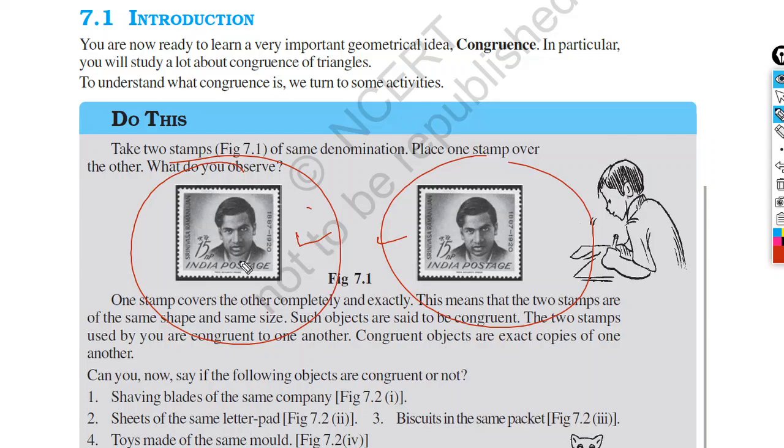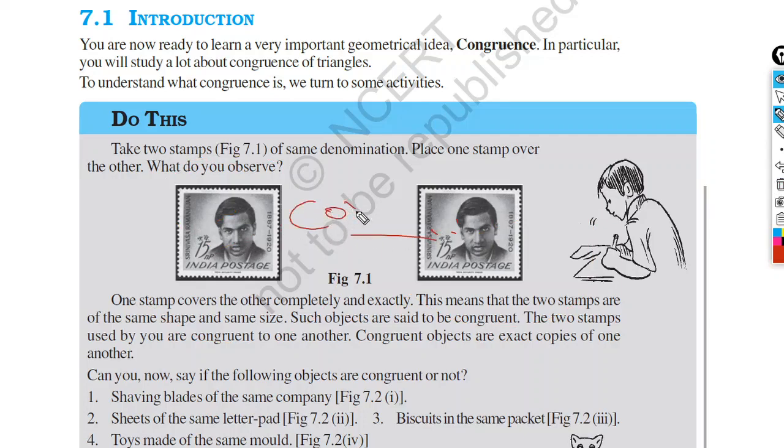If you put this first stamp on the second stamp, it will exactly fit on the other. And also you can see the figure inside the first stamp is exactly same as inside the second stamp. So we can say these two figures or these two stamps are congruent.